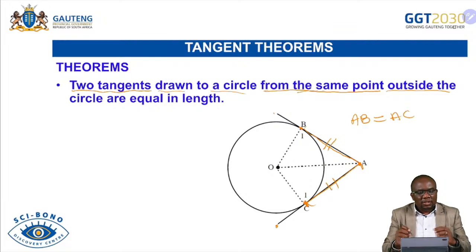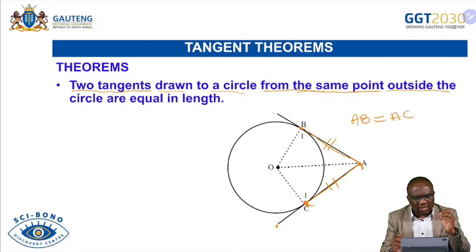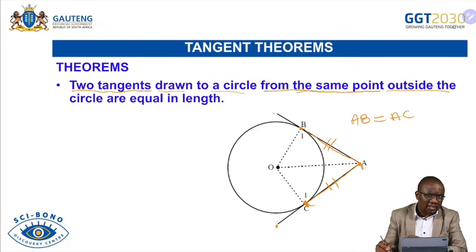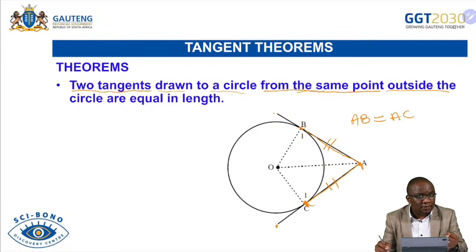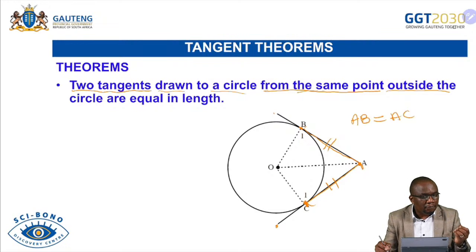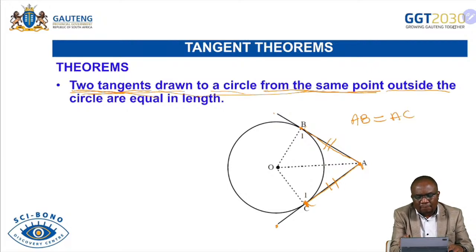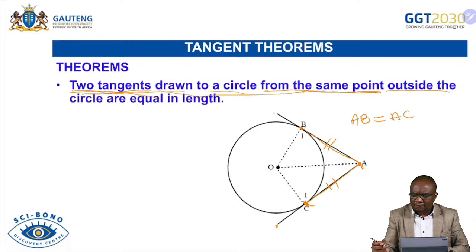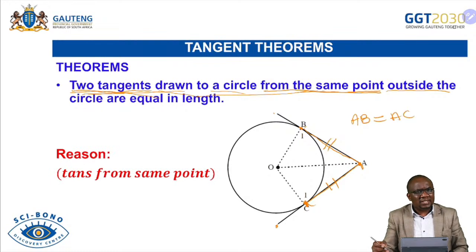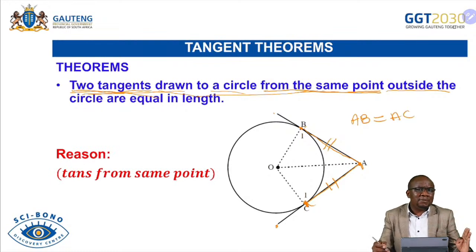So we're saying that two tangents drawn to a circle from the same point outside the circle are equal in length. What's the reason we write here? Tangents from the same point. We have done how many theorems so far?